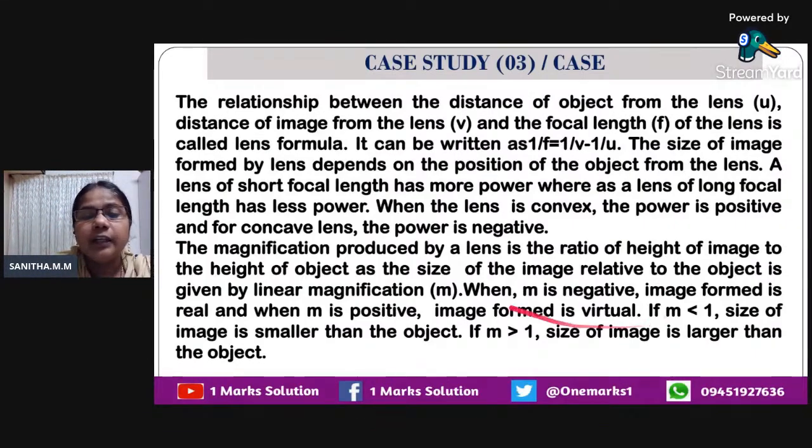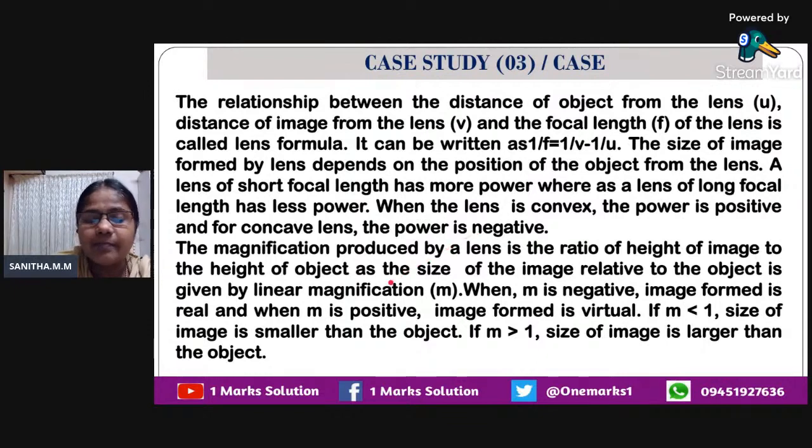Just a minute. Here you can see what all things you have to study. The lens formula you have to note, and the negative sign also. Next is the power, including the focal length: convex, focal length positive, power positive; concave, focal length negative, power negative.